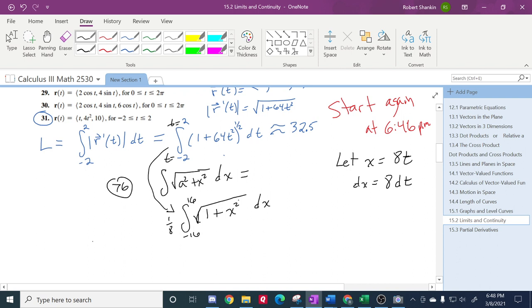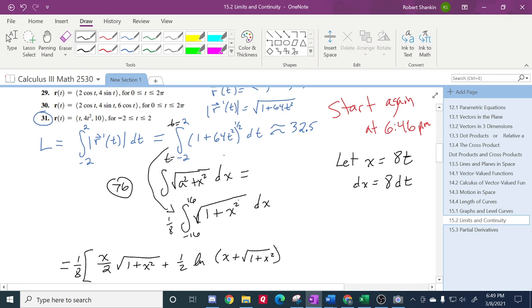It says it's going to be equal to, now the 1/8 will go out in front, and it's going to be x over 2, and the a is 1, so it's going to be the square root from rule 76, a squared, which is 1 squared, so 1 plus x squared, plus a squared over 2, which is 1/2 ln of x plus square root of 1 plus x squared.